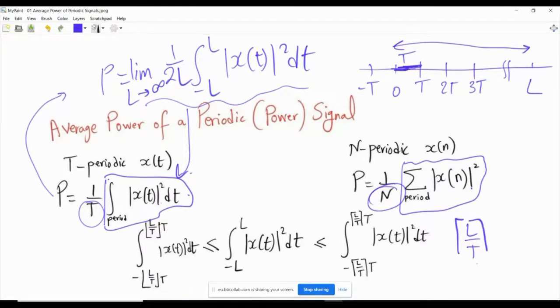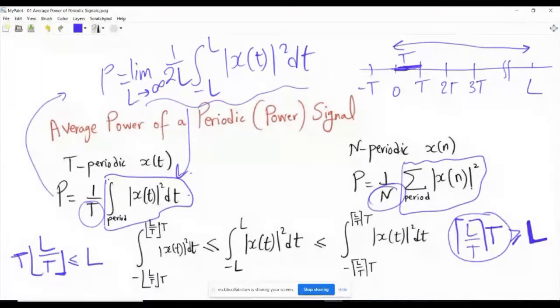If it's 100.5, you say that it is 101. So you take L over T, then you take its ceiling, and then you multiply by T. So this thing here is greater than or equal to L. And as a lower bound, you take L over T, but now you take the floor, and then you multiply by T, and so this thing here will be less than or equal to L.